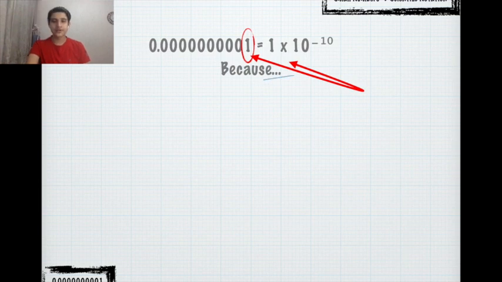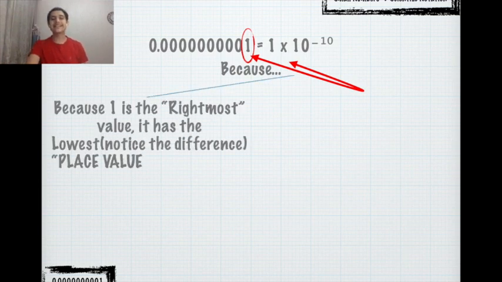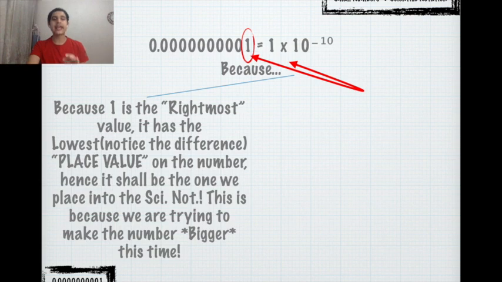Oh, so because 1 is the rightmost value it has the lowest place value. Notice the difference, like in big to scientific notations and scientific notations to big number conversions. We normally look for the value with the highest place value. And now we're looking and finding the lowest place value.